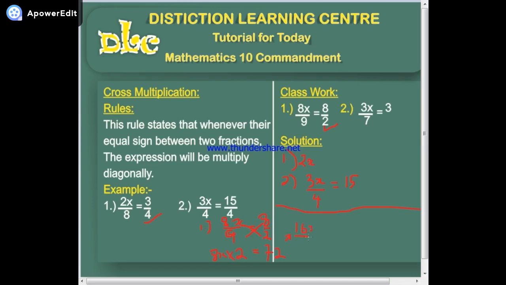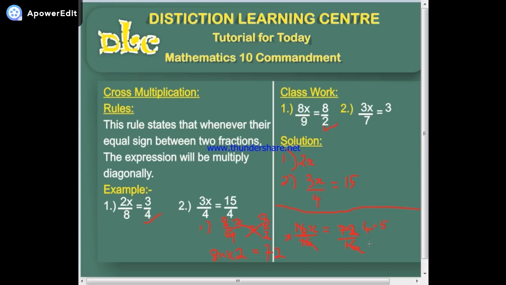16x equal to 72. So that means we are going to divide both sides by 16. 16 cancels 16, and 16 in 72 will be 4.5.